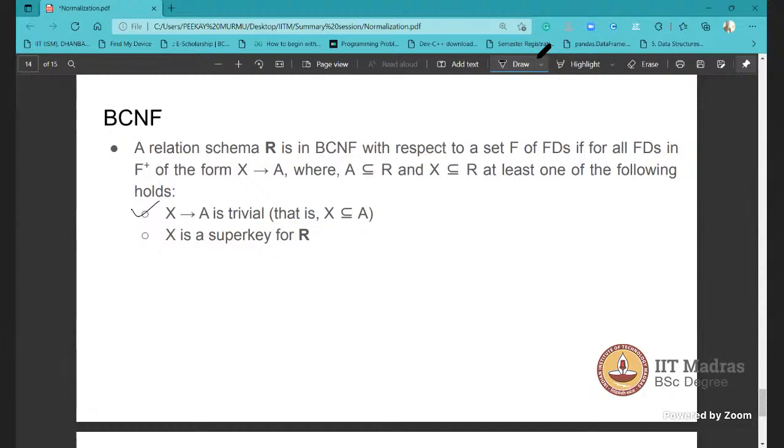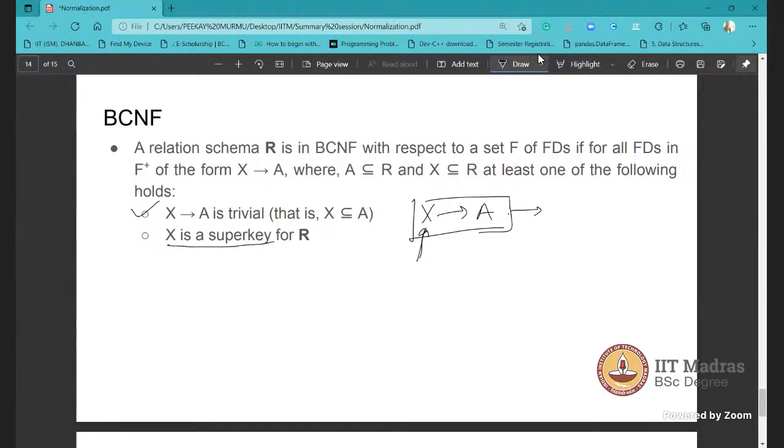First, if X to A is trivial, that means it is in BCNF. And second, X must be a super key.